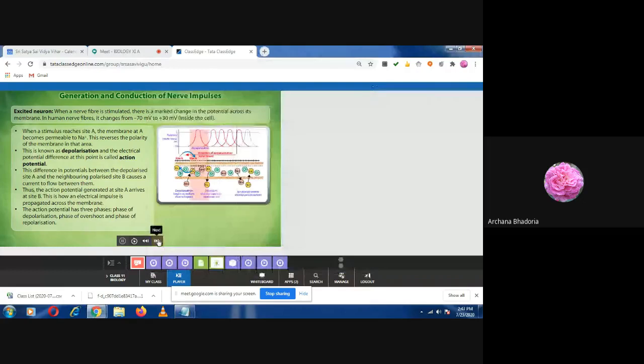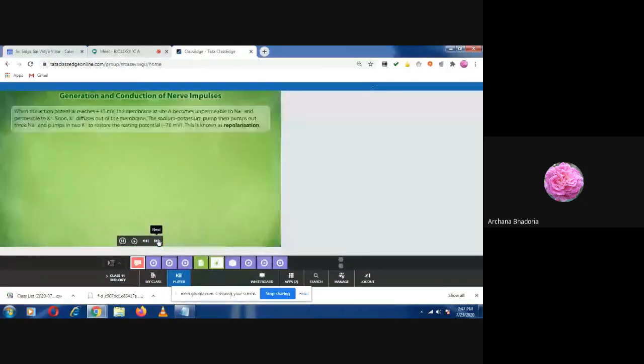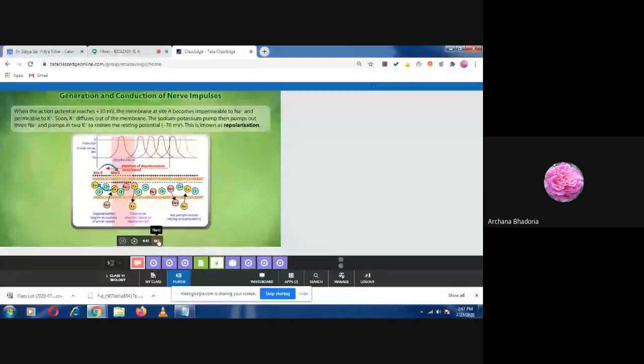Okay, I'm changing now to the third step, that is repolarization. So what is repolarization? That again, positive outside and negative inside. Write down: third step, repolarization.